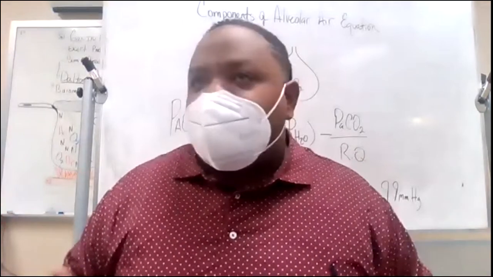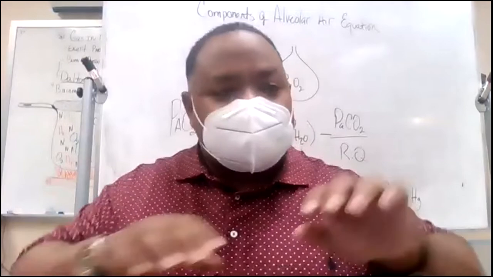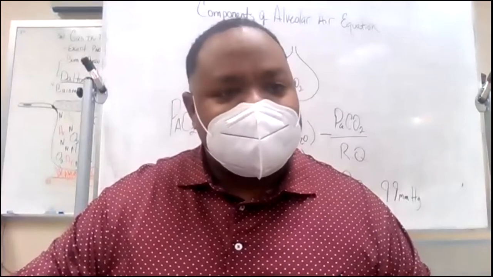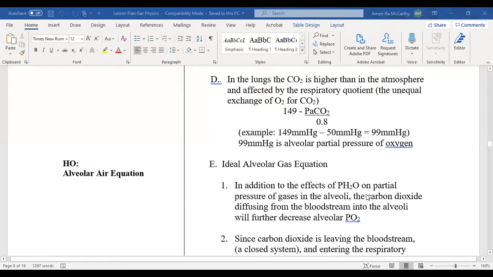And then when you really look at your friend list, you only got a couple people who really, really down with you, right? So you subtract everything else, and what you're left with is the pressure of oxygen, okay? Can't make it any easier than that, guys. All right. So that is how we got the 99 millimeters of mercury for the alveolar air equation.